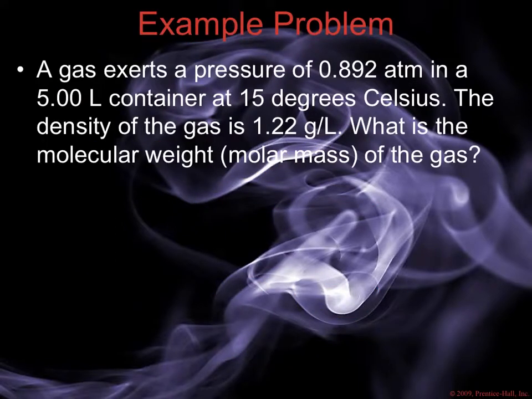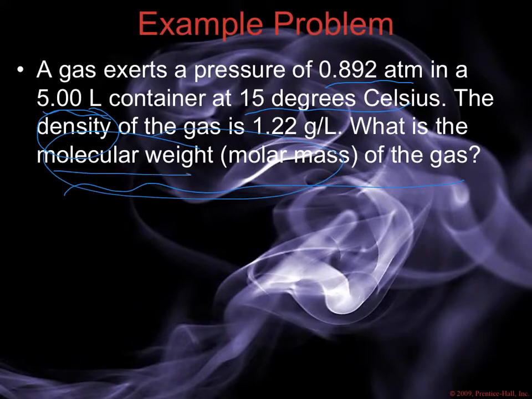Here's an example. All right, so let's say you're on the test and you're reading this question, and if you're like most students, you're like, oh my gosh, I have 25 gas laws I have to remember. I don't even know what's what. Here they're giving you pressure, they're giving you volume, they're giving you temperature. So you might start writing the ideal gas law, but you see density. Whoa, and there's molar mass.